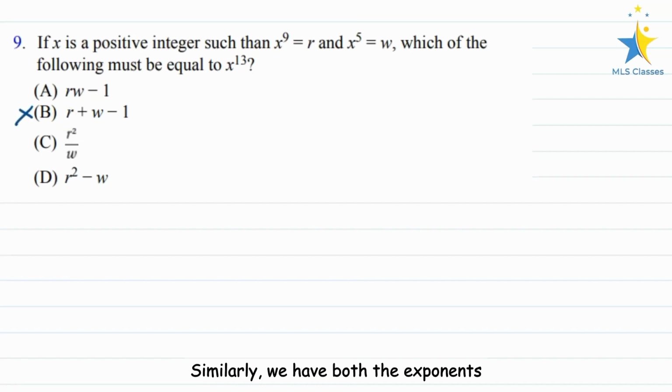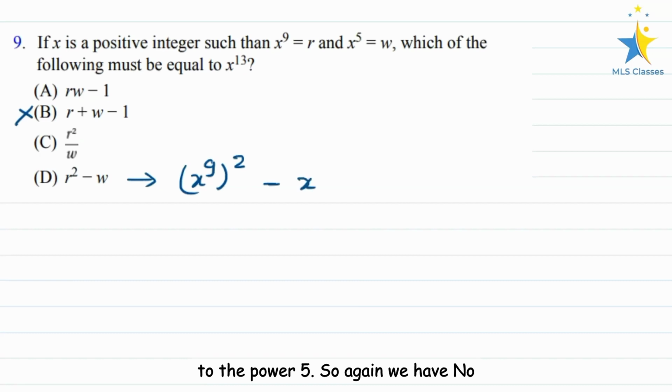Similarly, we have both the exponents different. So if you will see option D and A also, then if you will see this one, we can write x to the power 9 to the power 2, that is r square minus w, that means x to the power 5. So again we have no rule to subtract the two exponential terms.